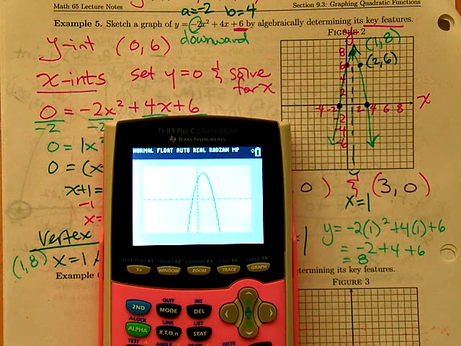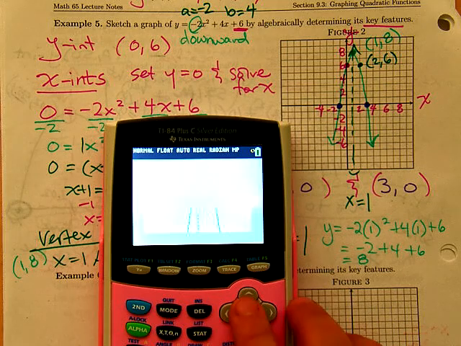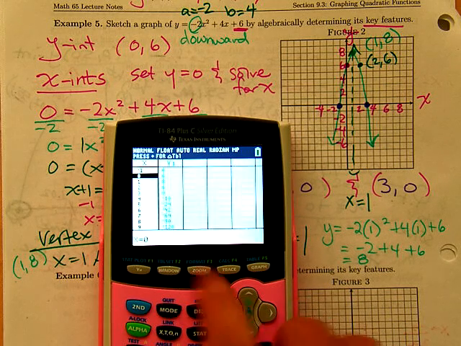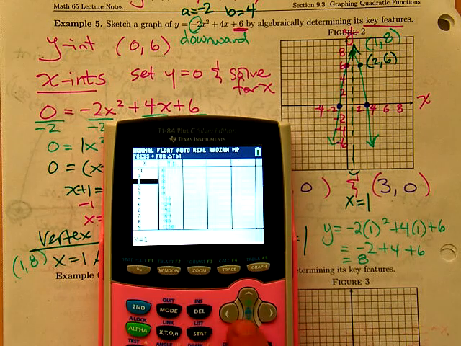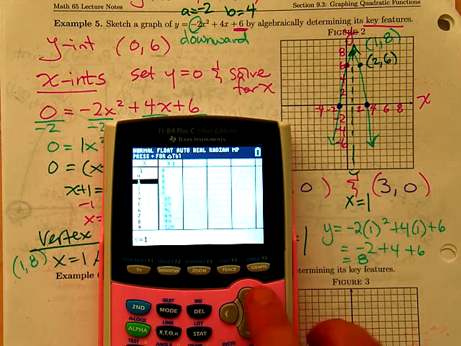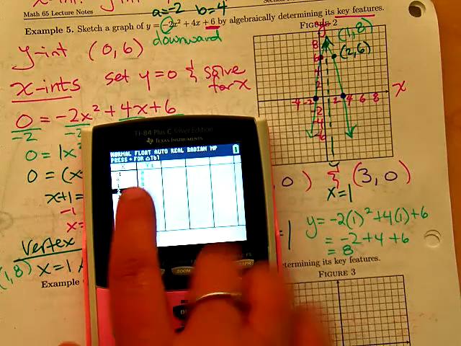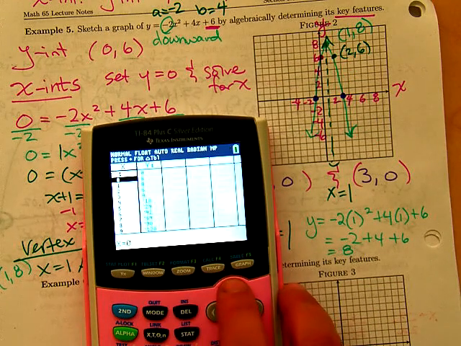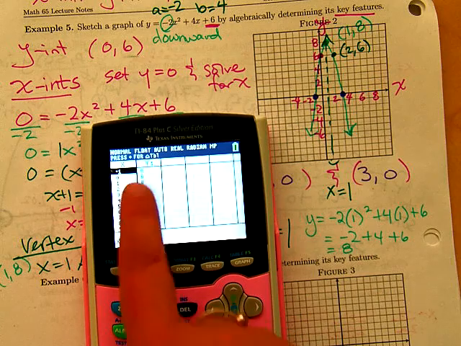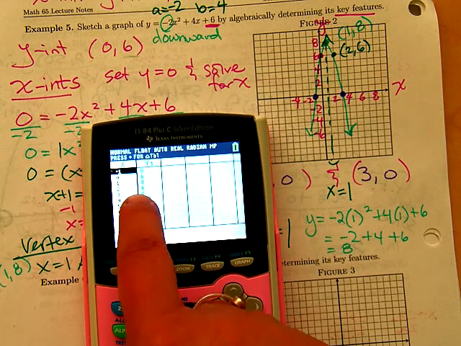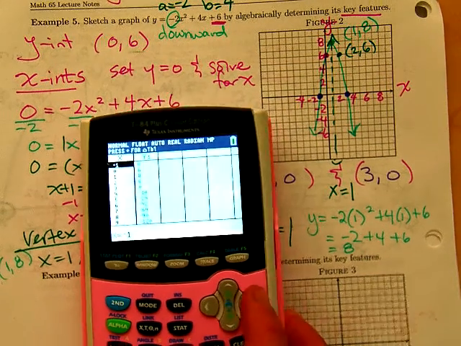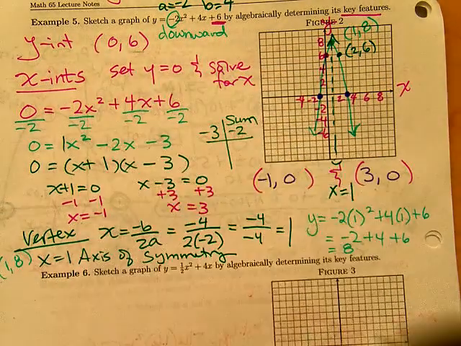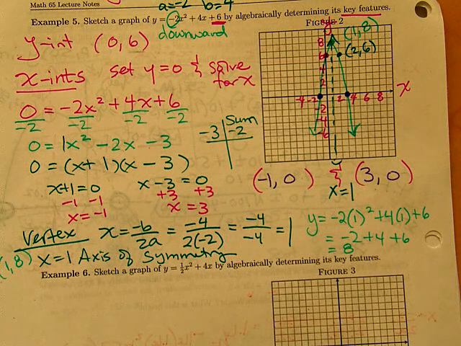So I can look at the shape to make sure it's the same, and I can go second table. And here I'll see a table of values. There's 0, 6, there's 1, 8, the vertex, there's 2, 6, that symmetrical point, and then where y is equal to 0, that's negative 1, and where y equals 0 is 3. I know that's not showing up great on the screen, but if you have a graphing calculator, play around with it, okay?